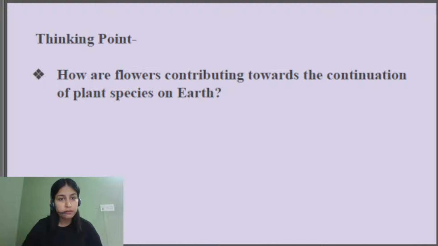And for reproduction, having a flower is mandatory, basically for sexual reproduction, which will give us variety, and it will be introducing variations in the new generation. For increasing in number, asexual reproduction is also there.